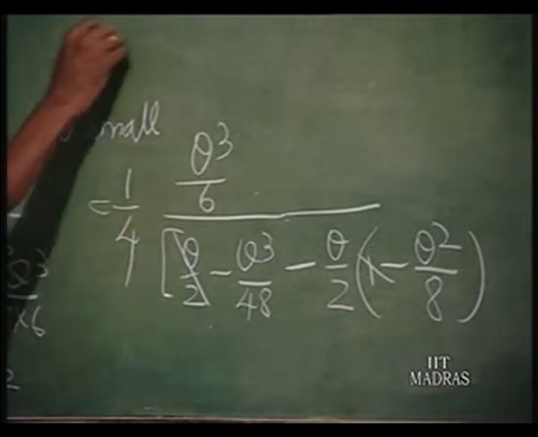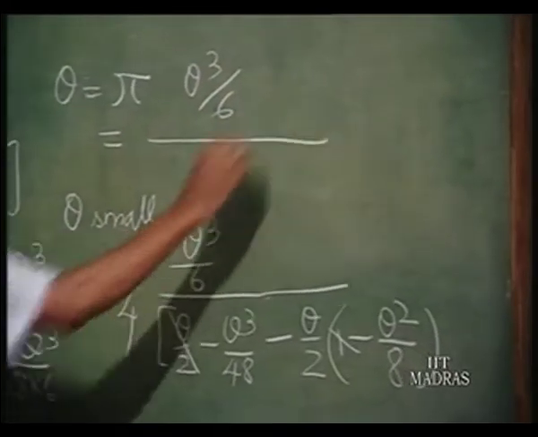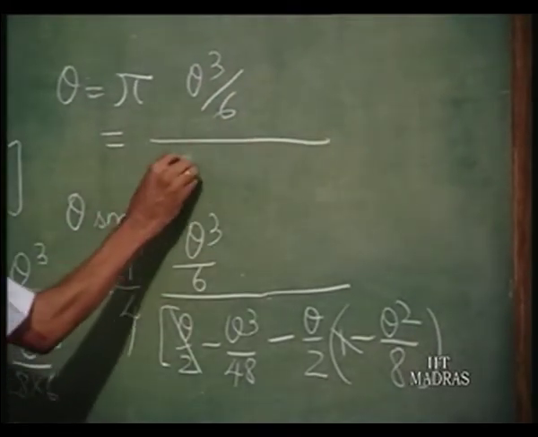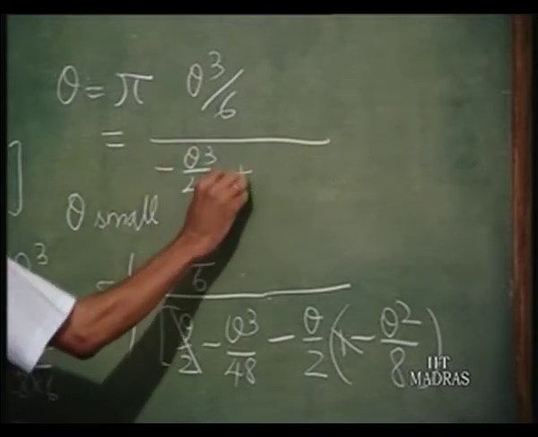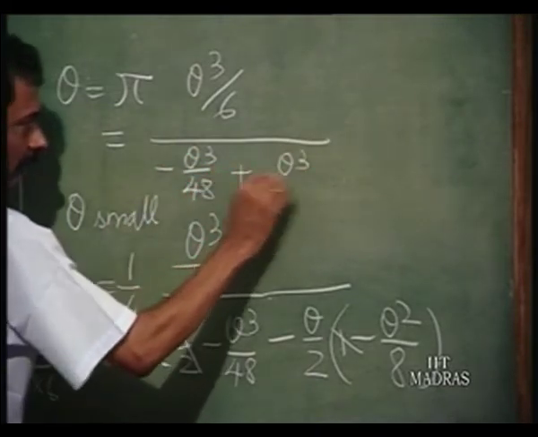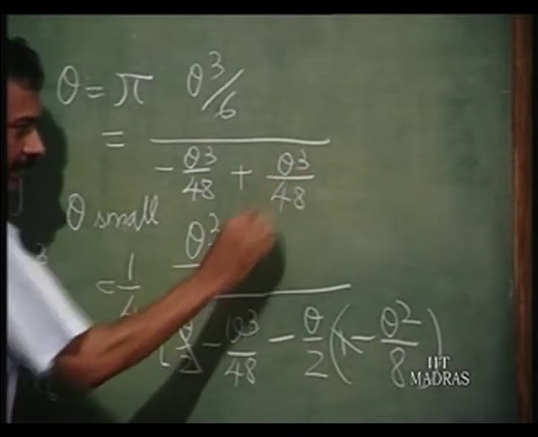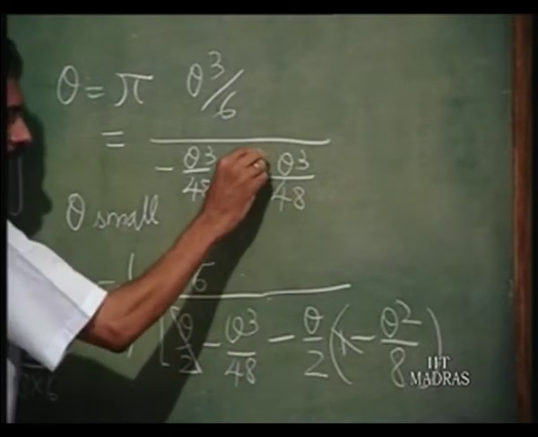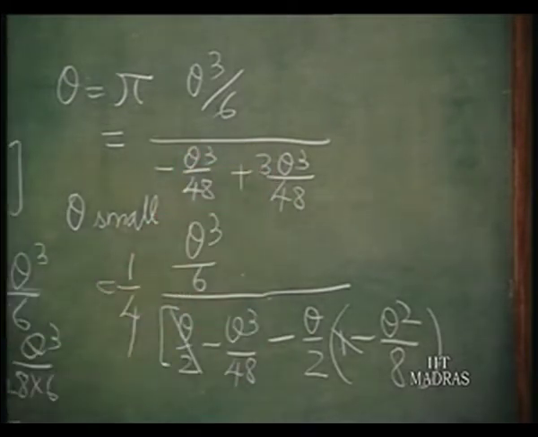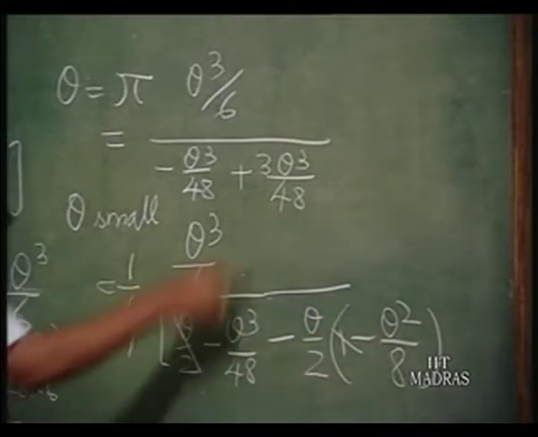So, this is equal to theta cubed by 6 divided by minus theta cubed by 48 plus theta cubed by 16, which is nothing but 48, okay, into 3, right. This is 1 by 16, okay.